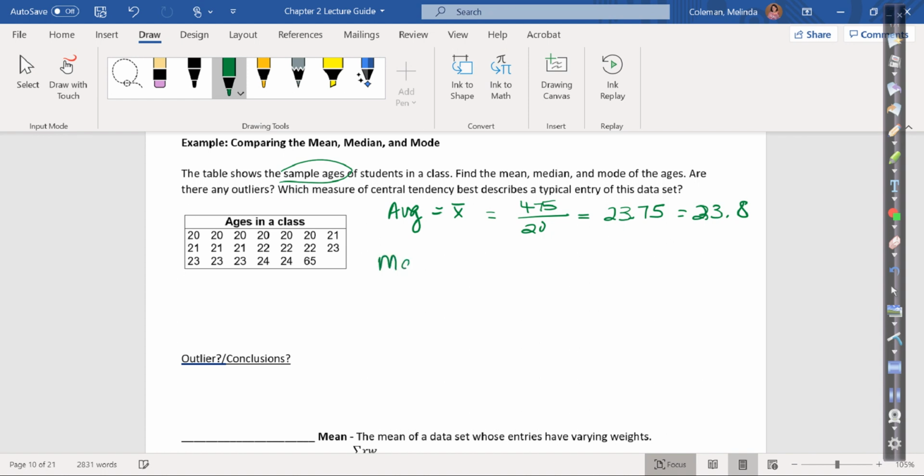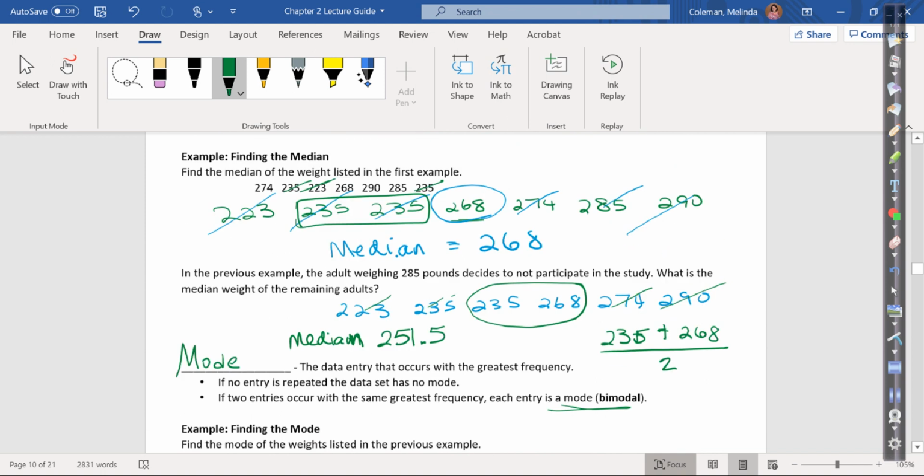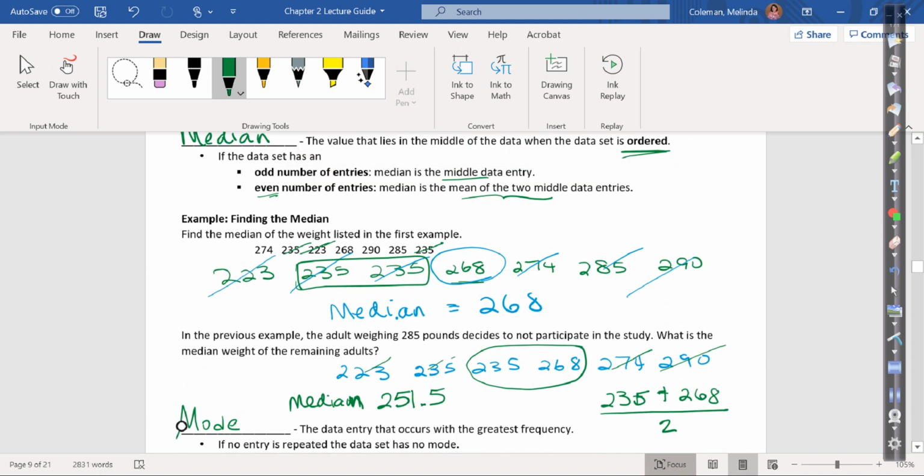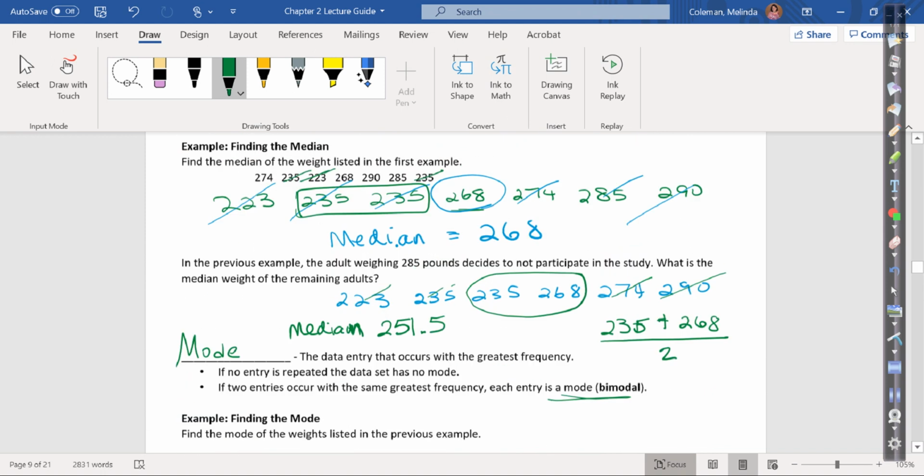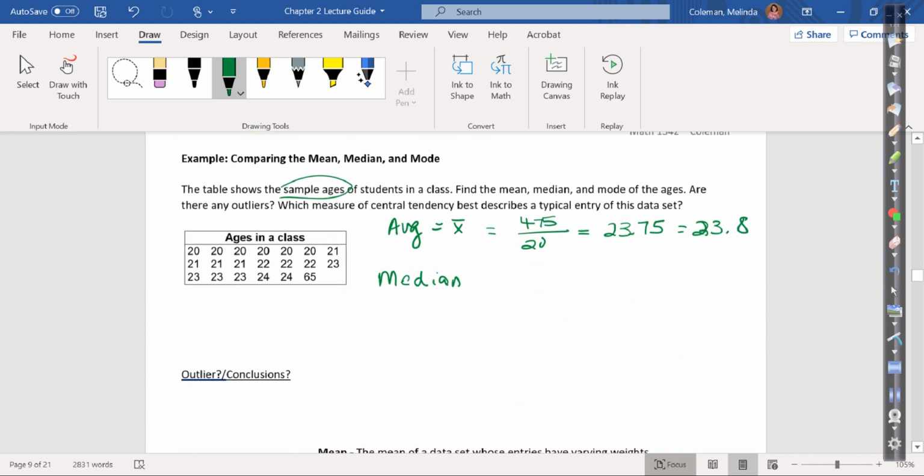The median, again, which one is in the middle? Well, we have an even number, and if you recall, whenever we were talking about median, if it's an even number, we are going to have to find the average. So there should be two numbers in the middle.